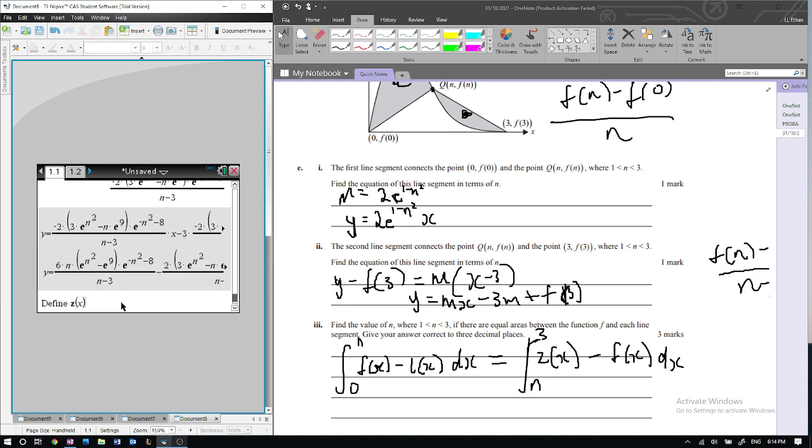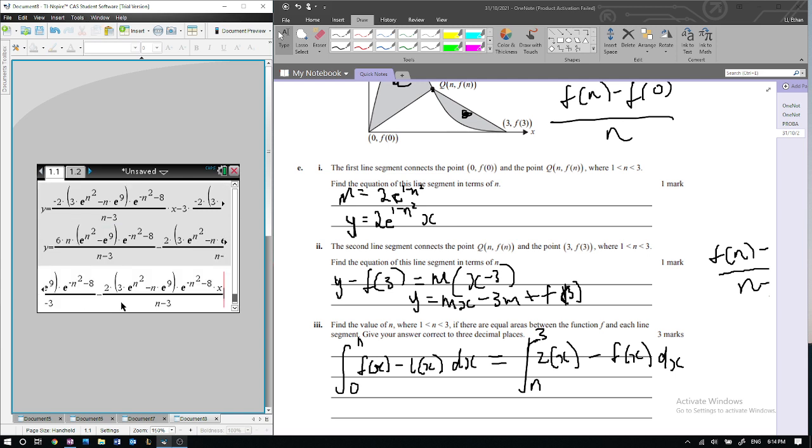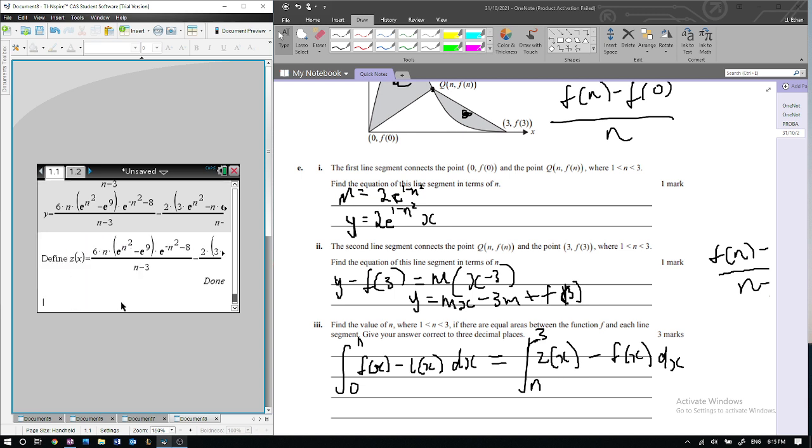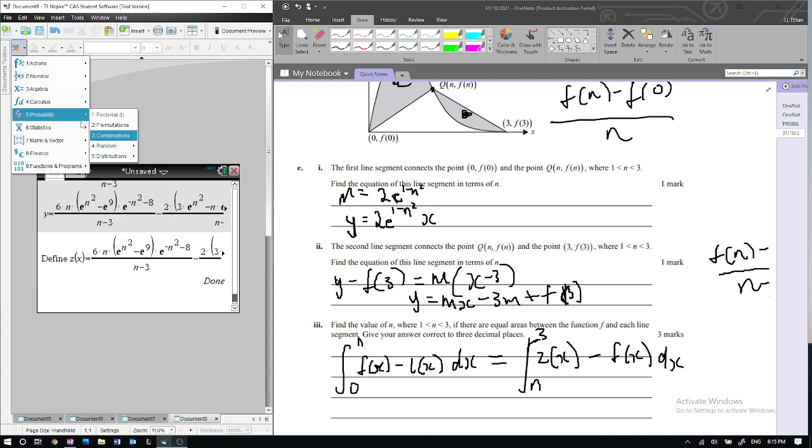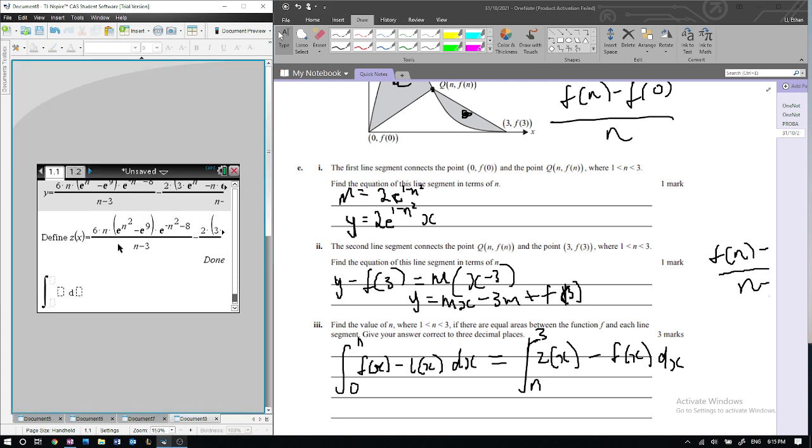Let's define z of x again. Okay, menu 4 3, f of x minus L of x.